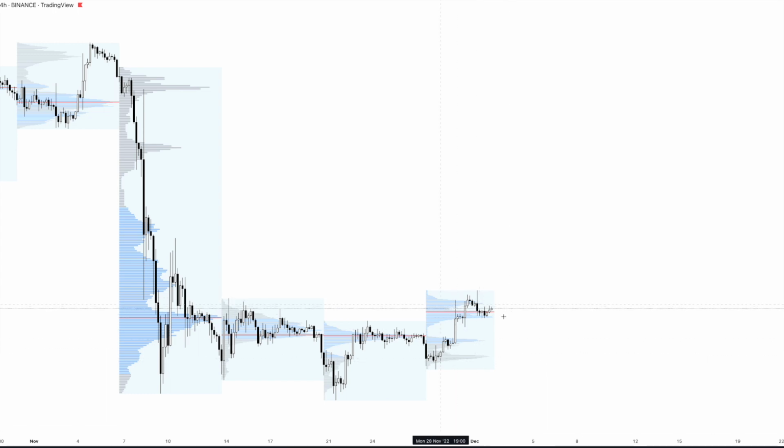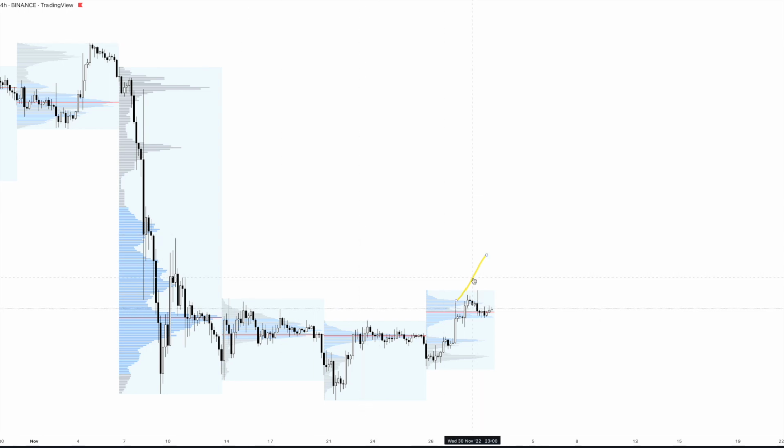Currently, we're inside weekly value. We've got a pretty big gap right here. And so we're looking for one of two things.